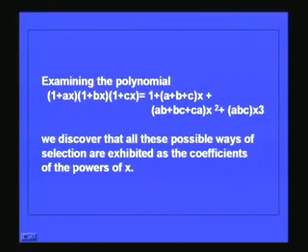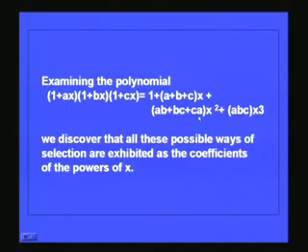Now if you look at this polynomial, (1 plus AX) into (1 plus BX) into (1 plus CX), and expand it, this is equal to 1 plus (A plus B plus C)x plus (AB plus BC plus CA)x squared plus ABC x cubed.